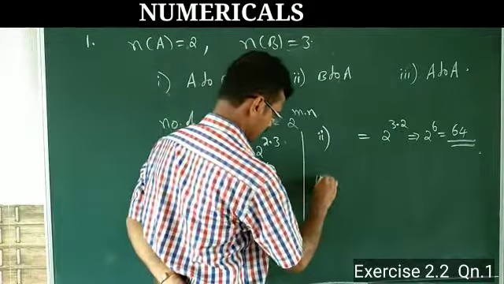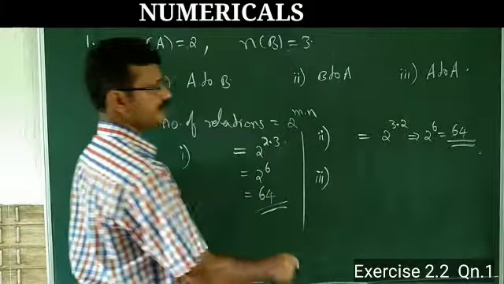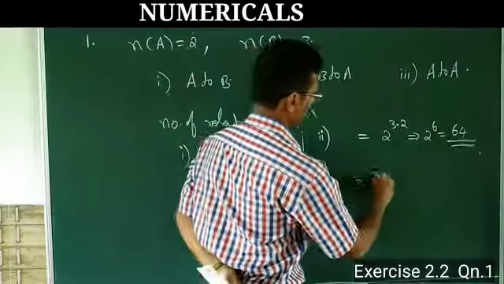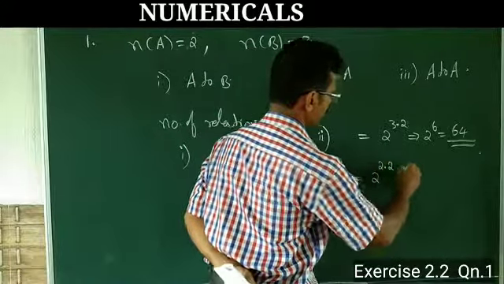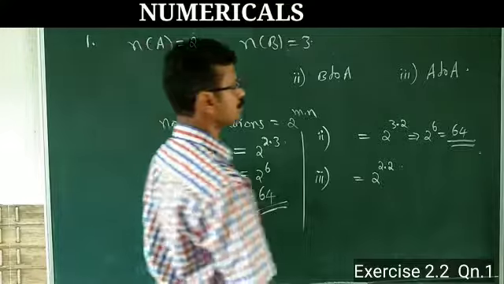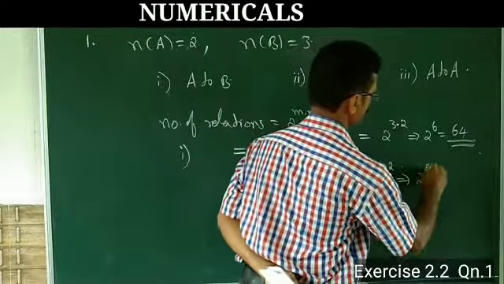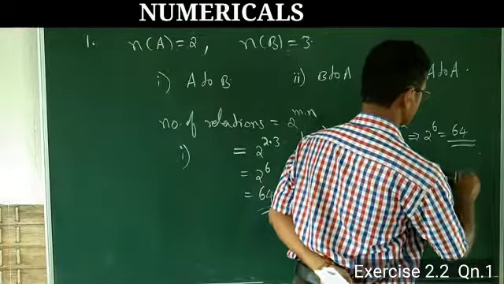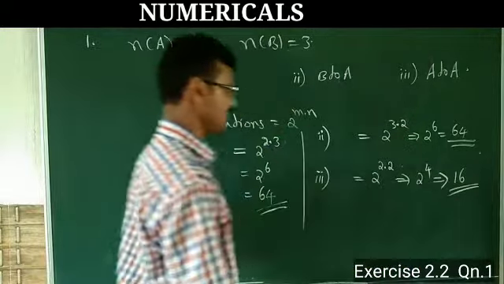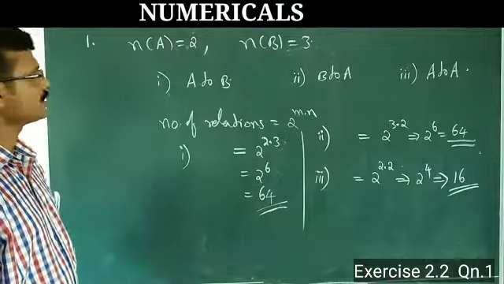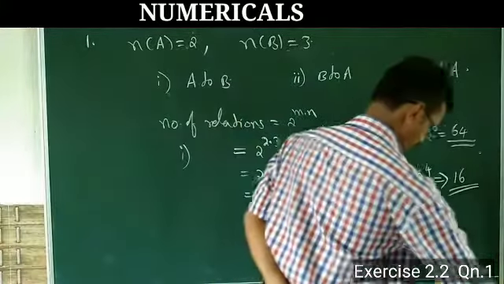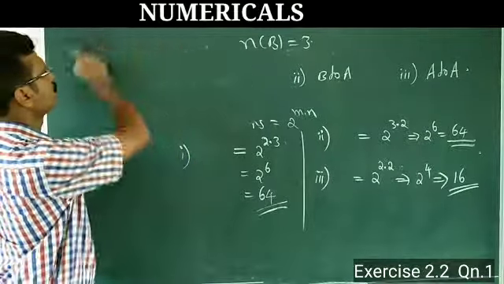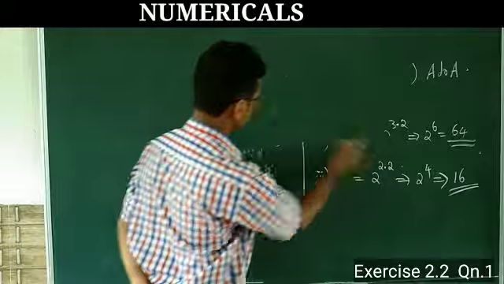Now the third part, number of relations from A to A. A is having 2 elements, second A is also having 2 elements, 2 to the power 2 into 2, that is 2 to the power 4, which is 16. So this is question number 1. All of you pause your video and copy it down.